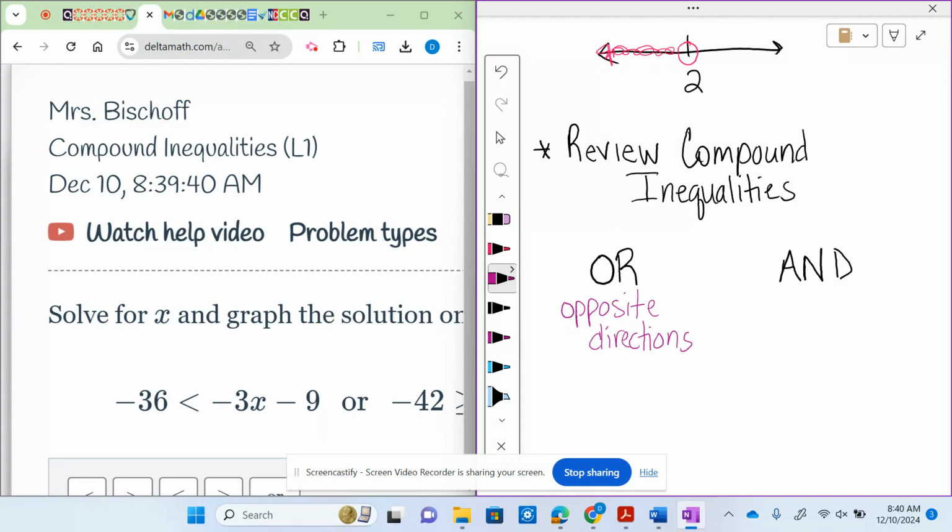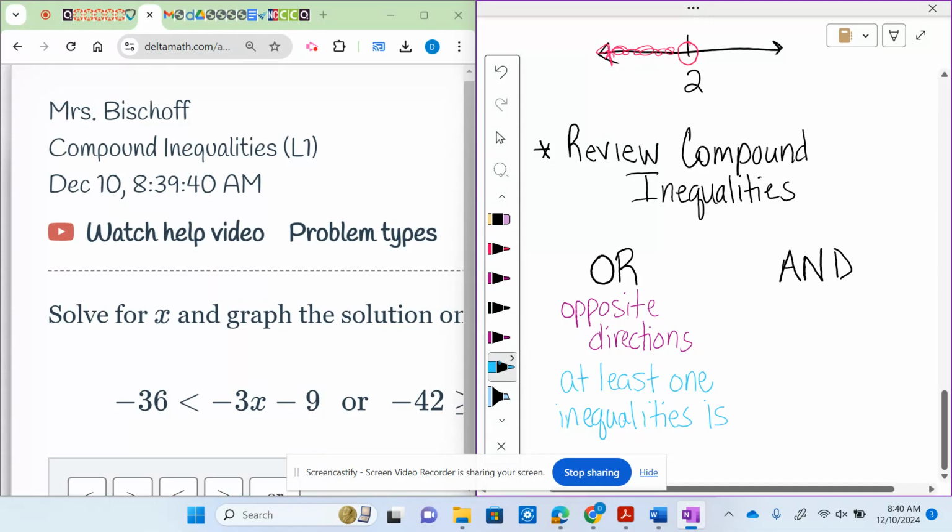You can do one or the other, like you're giving me an option. So when you see an or, it just means that at least one of the inequalities is true.